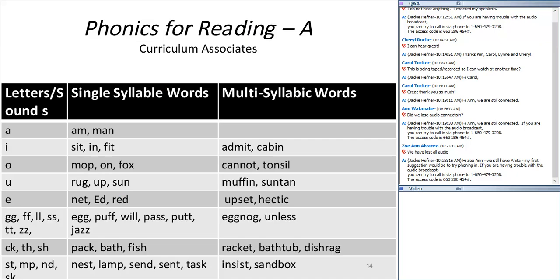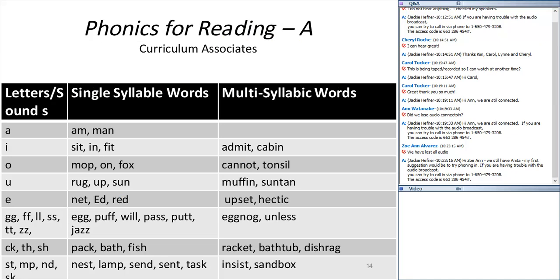So this is from Phonics for Reading, which I was the first author on, and you see the list of sounds that we teach. So the kids already know consonants. This comes from book A, but the students know consonants, and we teach A first and then I. And we teach the sound, then we put the sound into words, and then the words into multisyllabic words, because this is an intervention program, not a general ed program, but an intervention program that might be used with low-performing students in second and third and fourth grade.